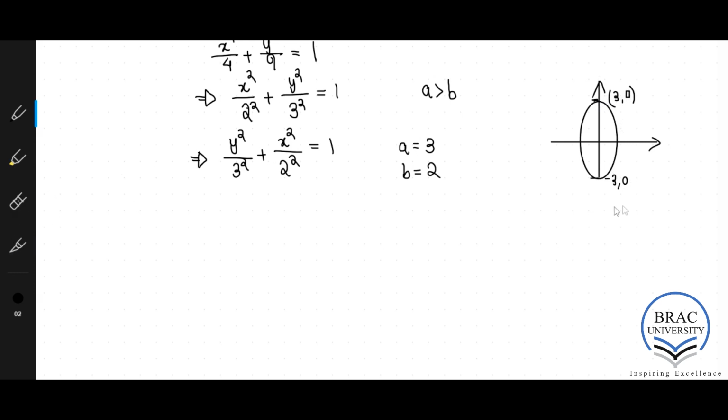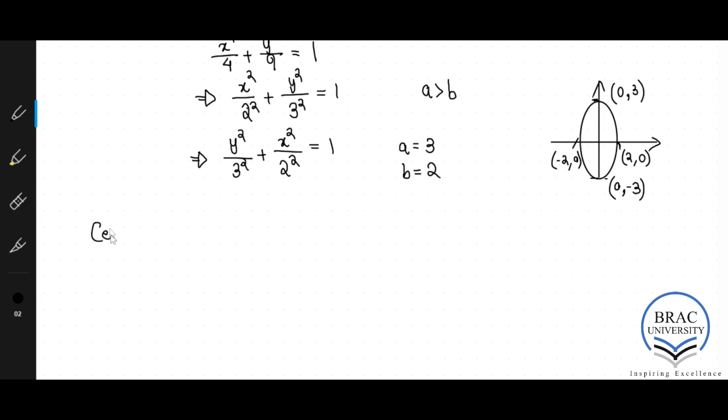Sorry, I've kind of done it the opposite way. So what I mean to say is this is on the y-axis, and that's the major axis, right? So 0 comma 3 and 0 comma negative 3. And these are the co-vertices, which are at negative 2 comma 0 and 2 comma 0. That's the minor axis now, and that's represented by b, if you remember.